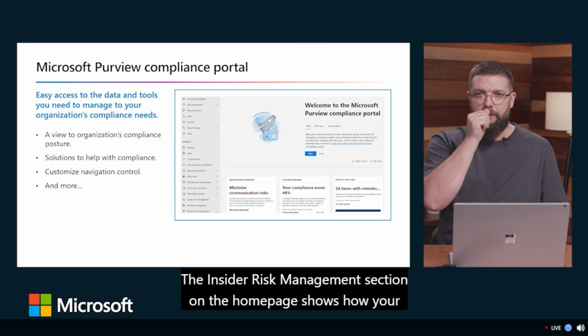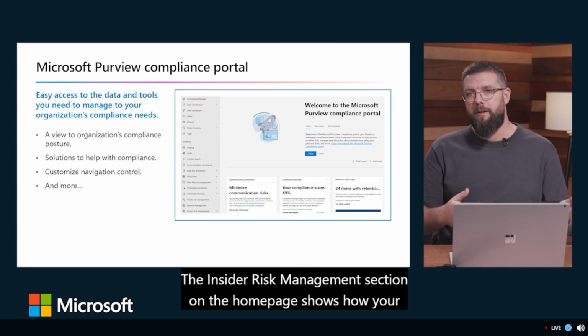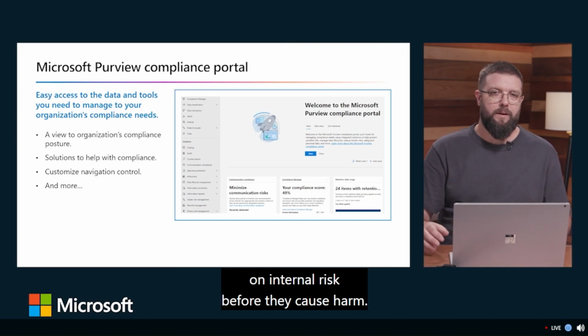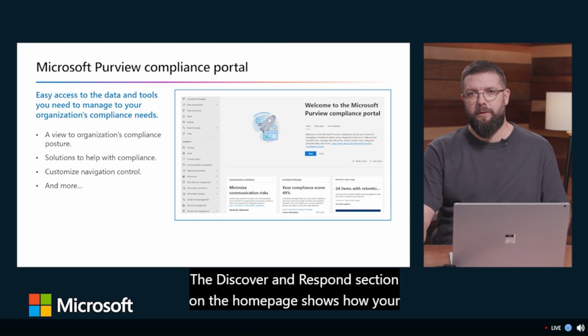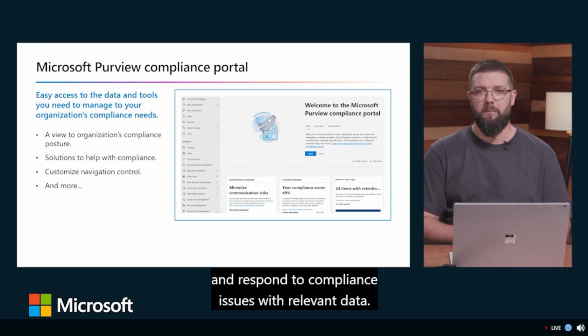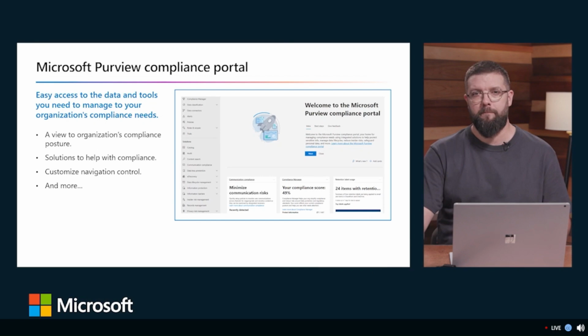And the insider risk management section on the homepage shows how your organization can identify and analyze and then act on internal risks before they cause harm. And the discover and respond section on the homepage shows how your organization can quickly find, investigate, and respond to compliance issues with relevant data.